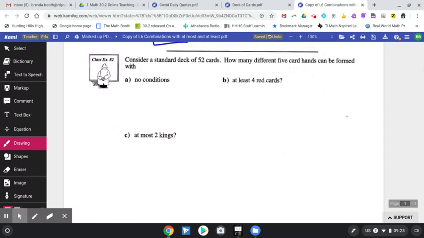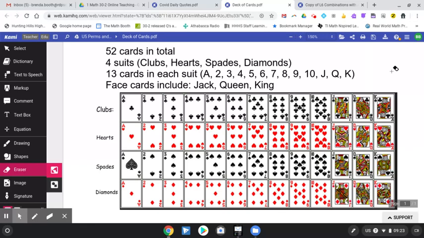Okay, so we're back to a question with a standard deck of cards. So people who are not familiar with a deck of cards, perhaps you want to have this sheet handy so you can look at it, or maybe on another device, maybe on your phone or on your tablet or something.